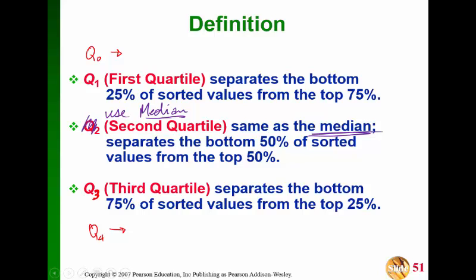What do you think Q0 would be? Minimum value. Minimum. So out of your whole data set, the smallest value is going to be your minimum, and your maximum value is Q4.